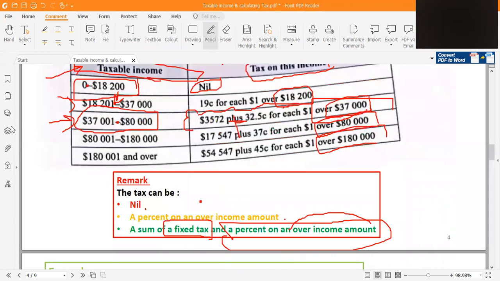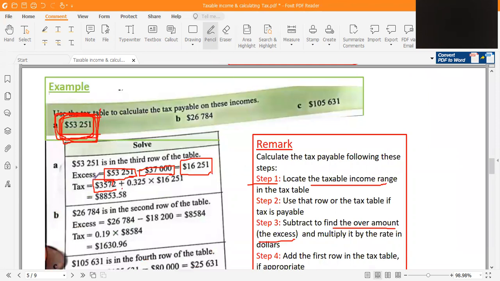All this information is indicated in the third row, like over 37,000. So we subtract 37,000 from the taxable income to obtain the excess.